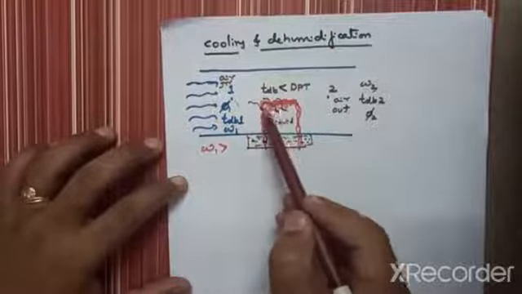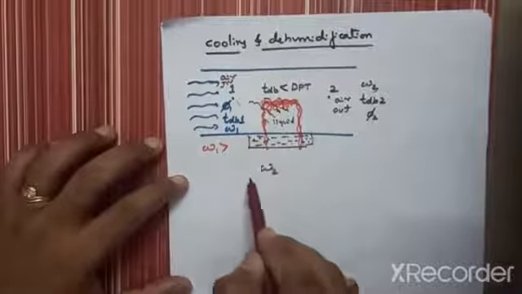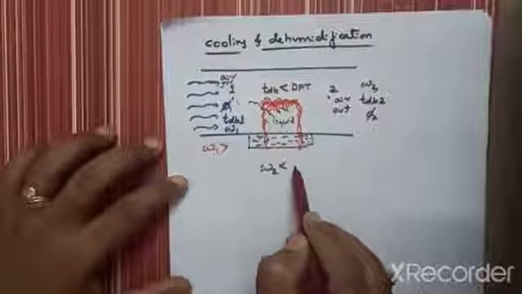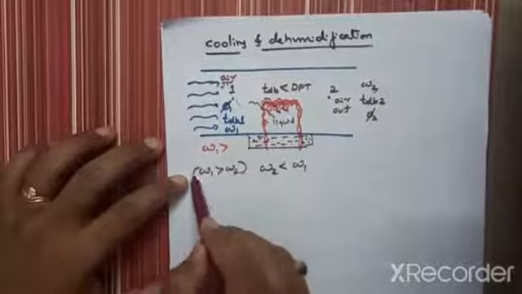Dehumidification means removal of water vapor. So omega 2 will be less than omega 1, or omega 1 is greater than omega 2.